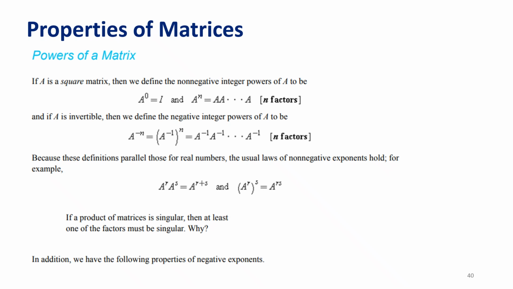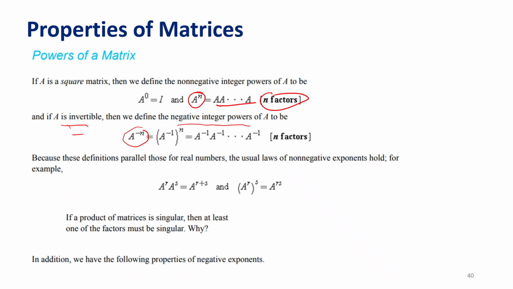The power of a matrix refers to multiplying the matrix by itself a certain number of times. For example, A to the power of n means that you multiply A up to n factors. And if A is invertible, we can define negative powers of A as the power of minus n.